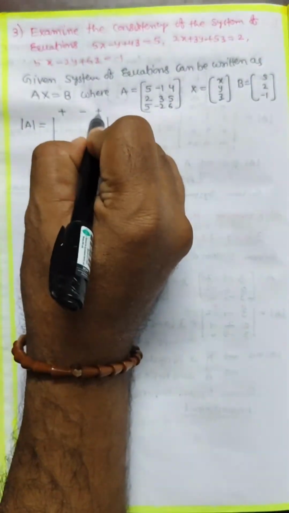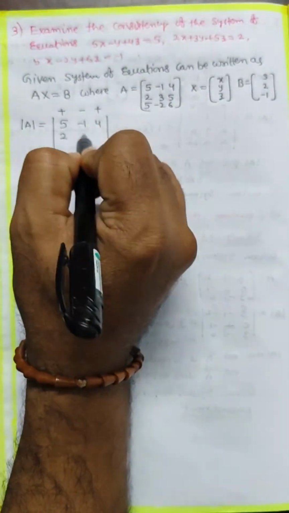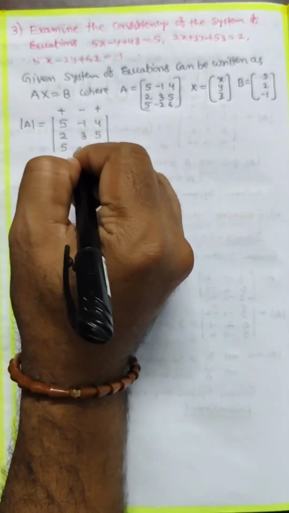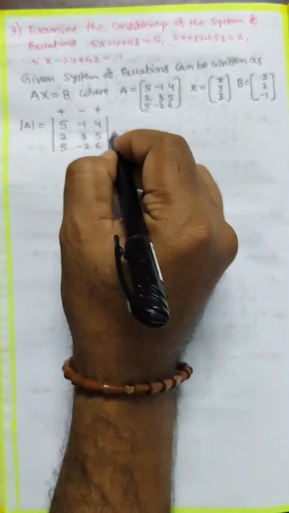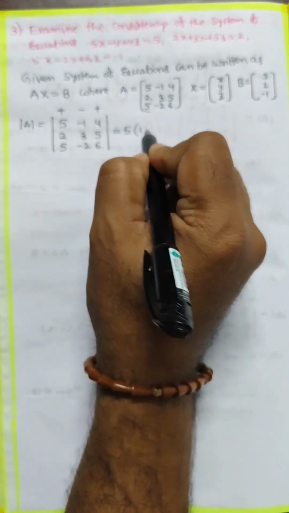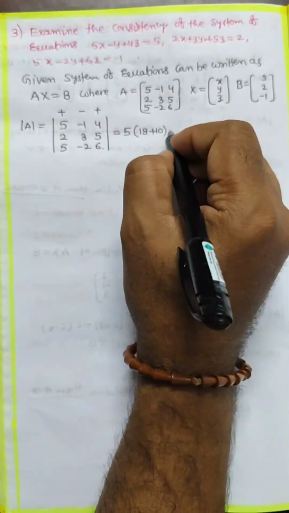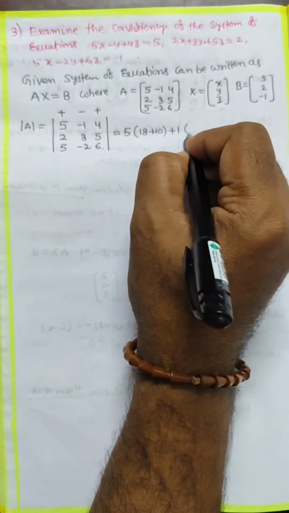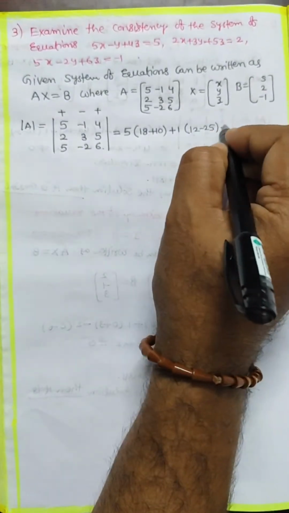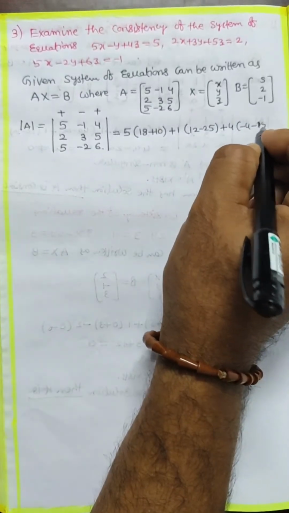Signs plus, minus, plus: 5, minus 1, 4, 2, 3, 5, 5, minus 2, 6. So 5 into (18 minus of minus 10), plus 1 into (12 minus 25), plus 4 into (minus 4 minus 15).